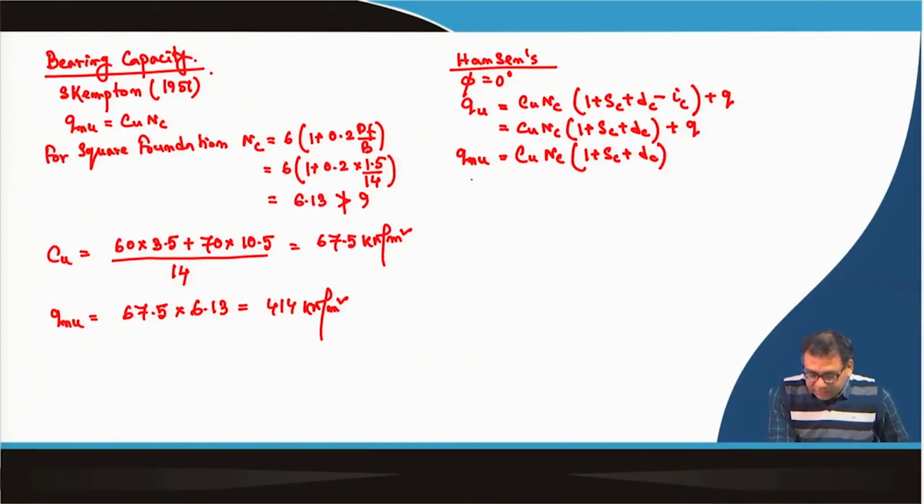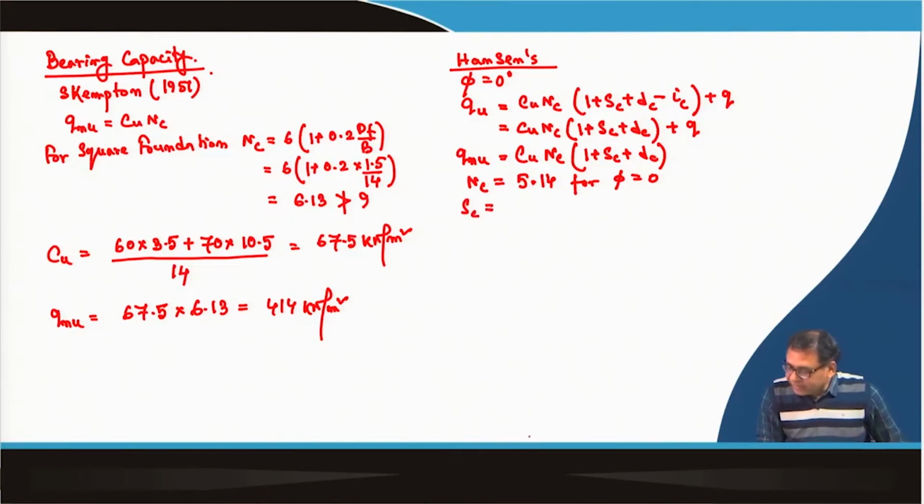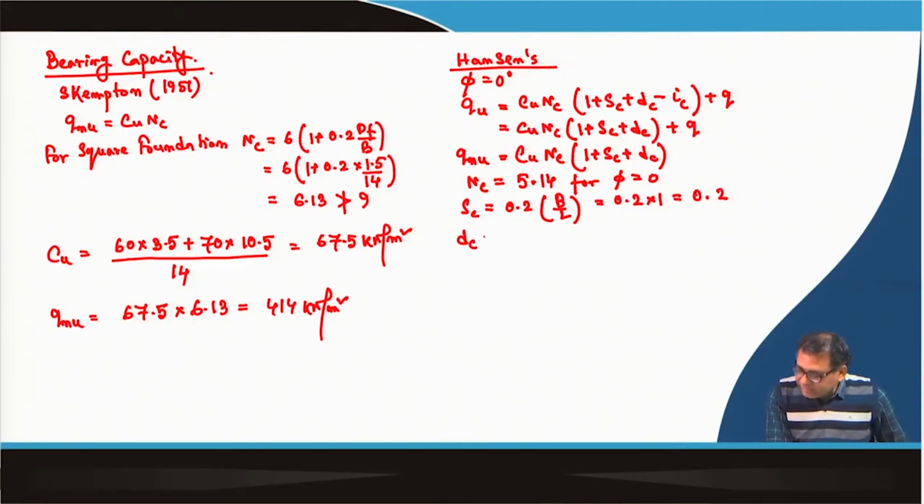From the chart we can see the Nc value for phi equal to 0 is 5.14, and Sc, the shape factor, is 0.2 B by L. So, this is 0.2 into 1 equal to 0.2.